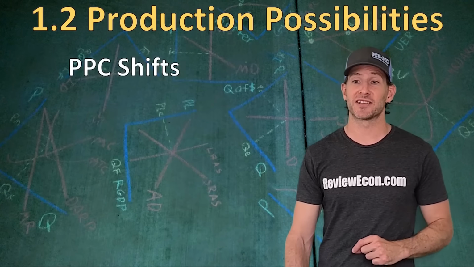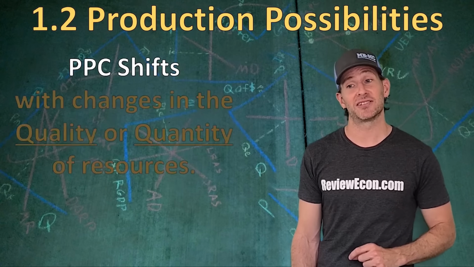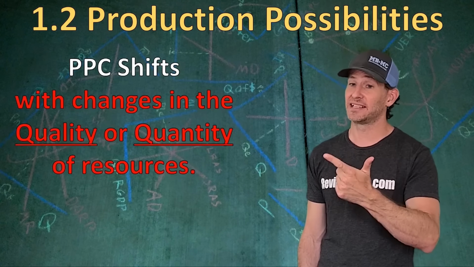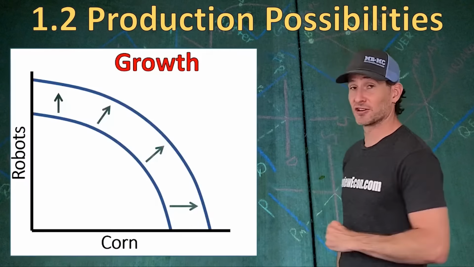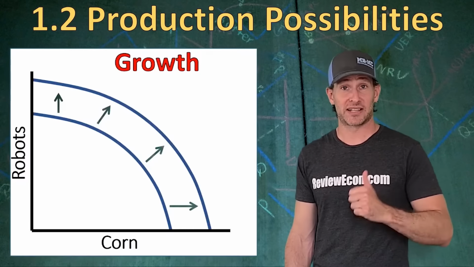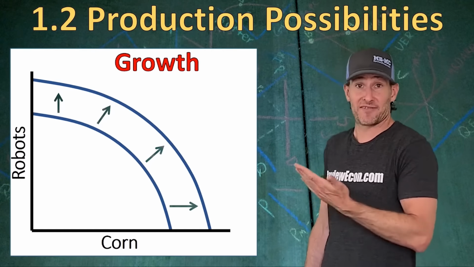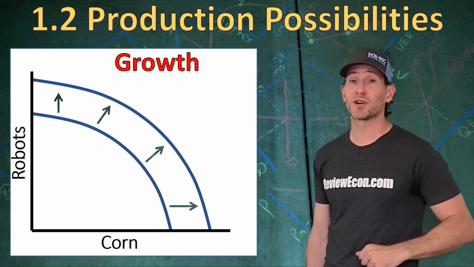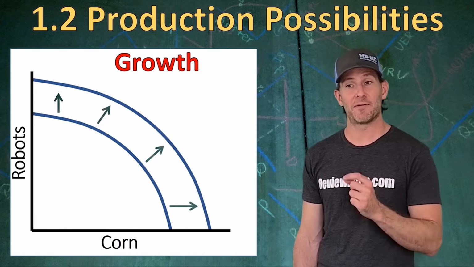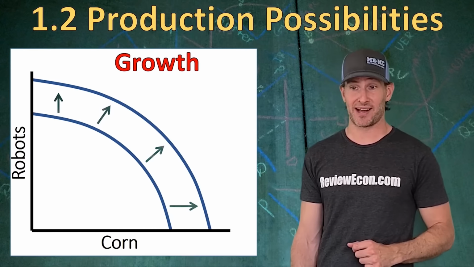What shifts this production possibilities curve? Well, it can move in or out as a result of changes in the quality or quantity of resources. Here we have growth. That's what it looks like. If we have increases in productivity or better resources, or we just have more resources, land, labor, capital, or entrepreneurship, that can shift our production possibilities curve outward, and we will have more ability to produce, in this case, corn and robots.